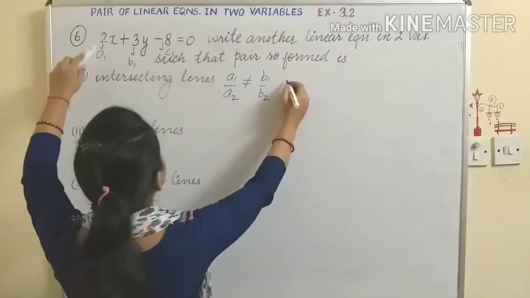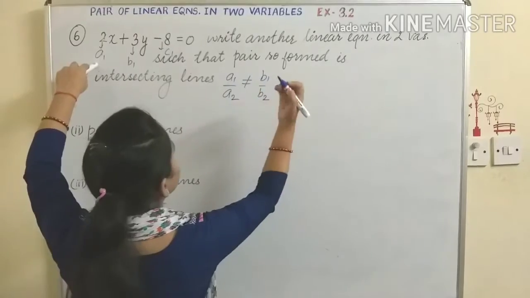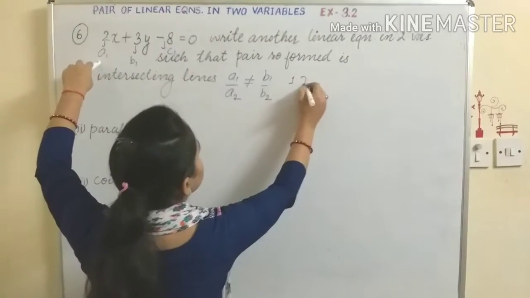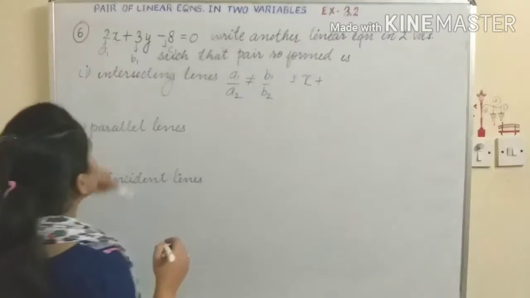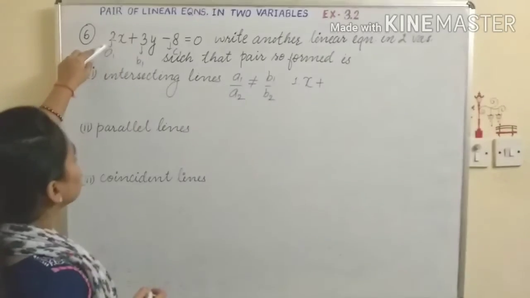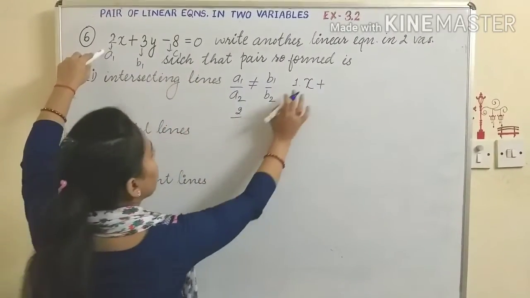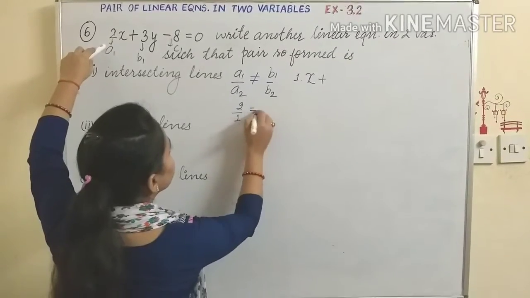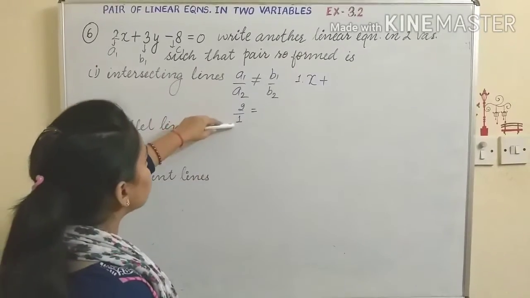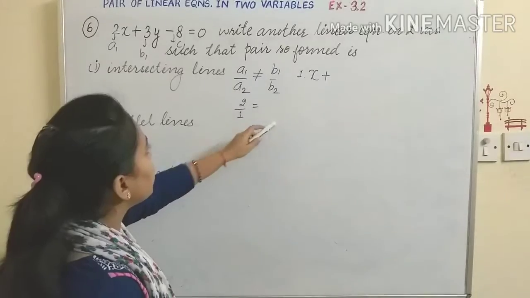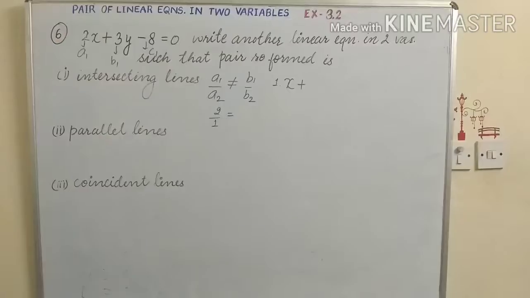As one equation is already given, let's take a2 to be 1. Then a1 upon a2 is 2 by 1, so b1 upon b2 should not be equal to 2 upon 1.